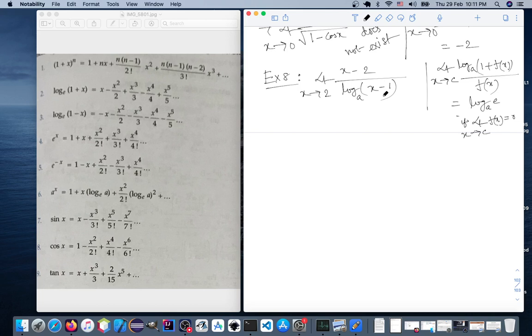So when x tending to 2, the general form is when x tending to c, 1 plus f(x) is tending to 1 because f(x) is tending to 0 when x tending to c.